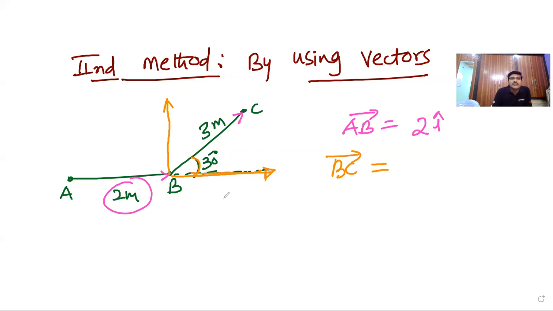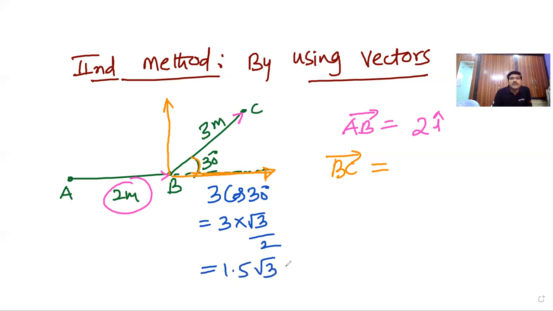So this becomes how much? 3 into cos 30 degrees, the horizontal component. 3 cos 30 is root 3 by 2, so simplifying, 1.5 root 3.